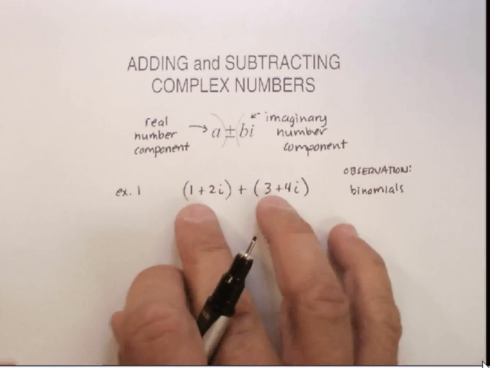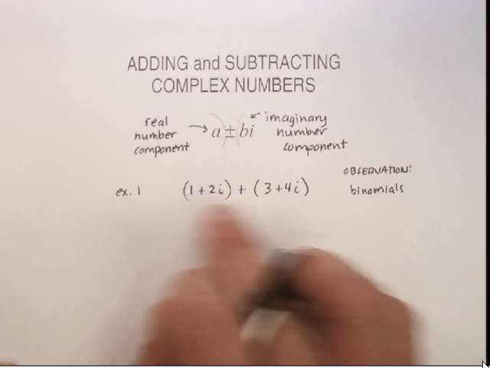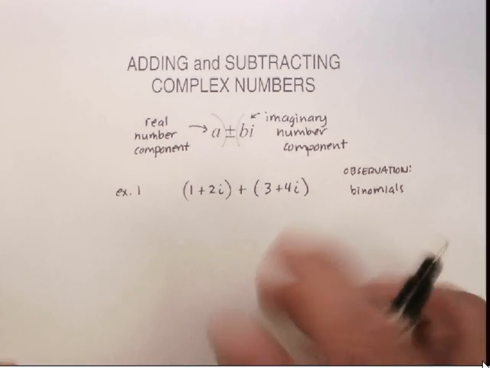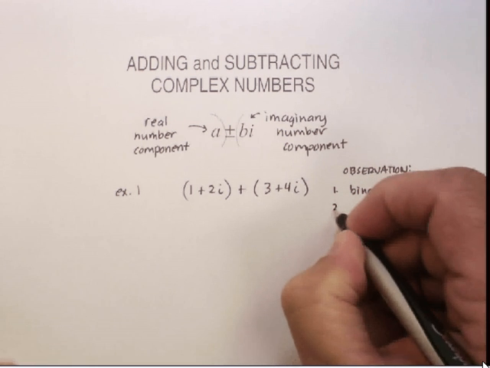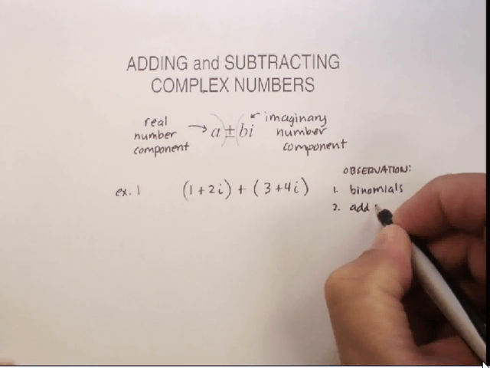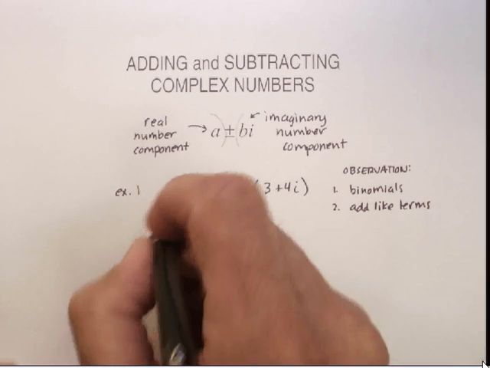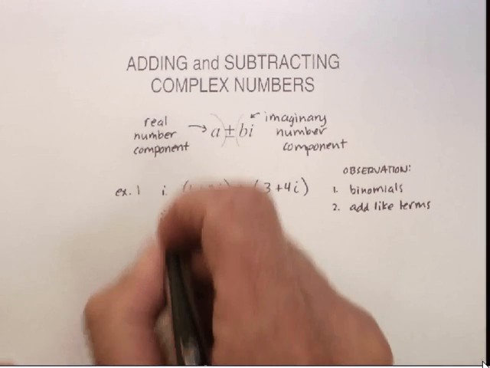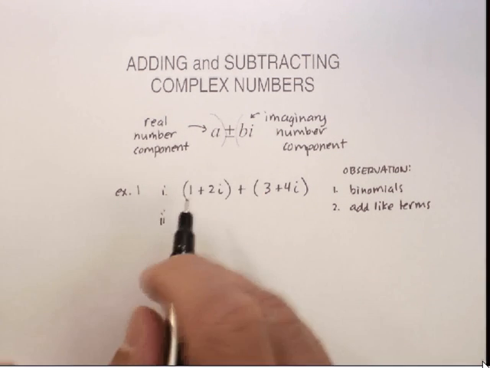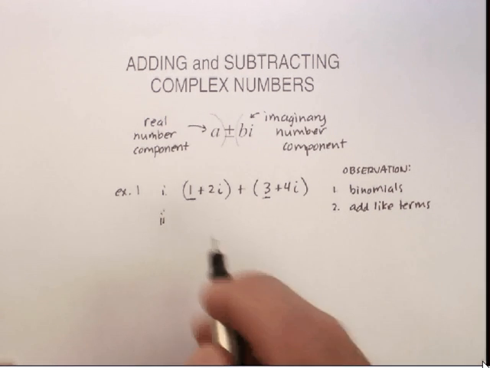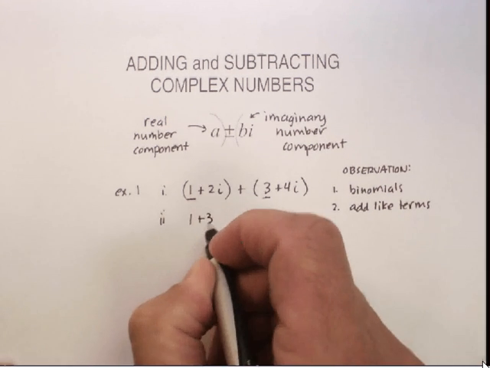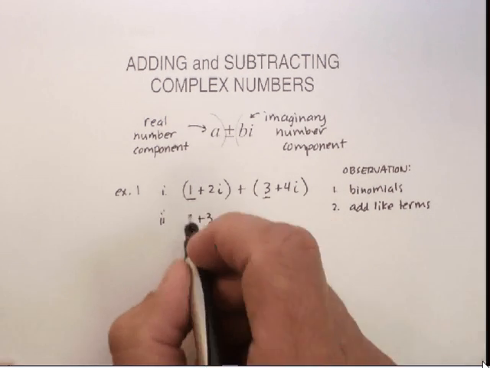So if you're adding, for example, you want to add the like terms. In step 1, step 2, I'm going to add the 1 and the 3. I'm going to add the real number components.